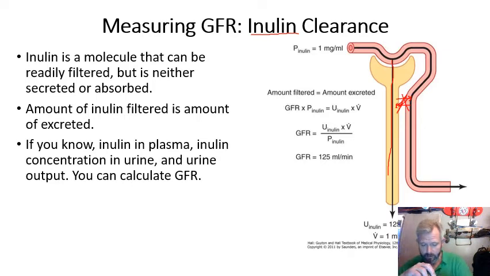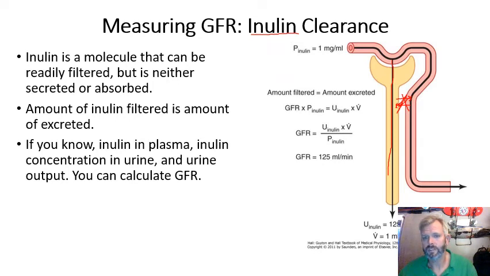We don't want to go in and probe the little nephrons to look at what the filtration rate is. But since inulin is not secreted nor reabsorbed, we can match the excretion rate of inulin with that of the filtration rate.